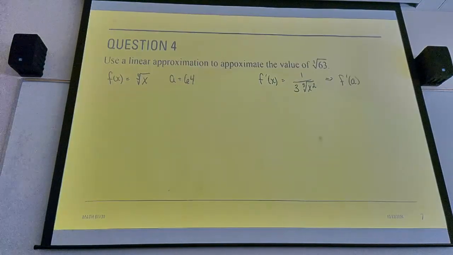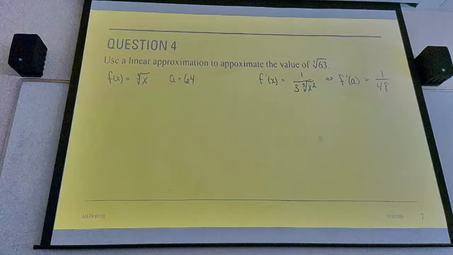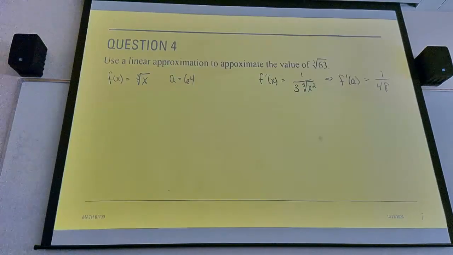What is that at 64? What is that as a decimal? We'll worry about that later.